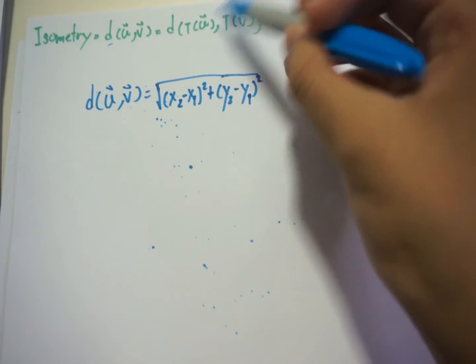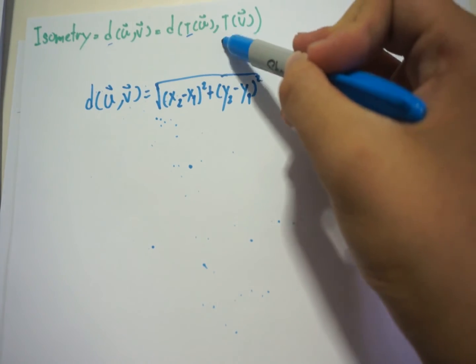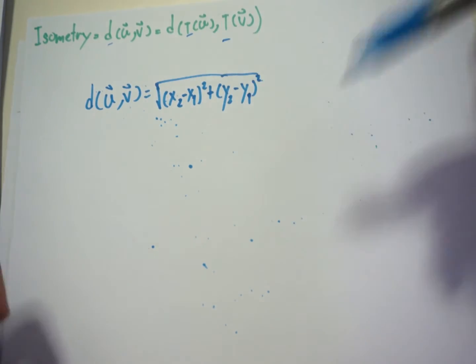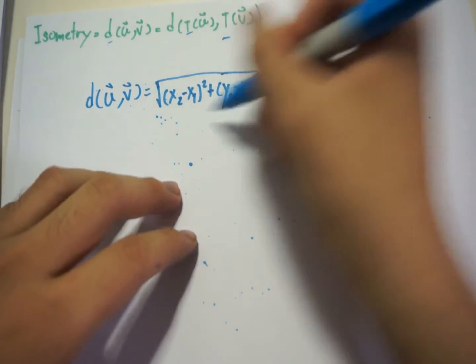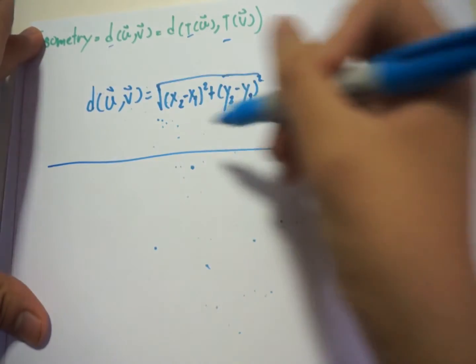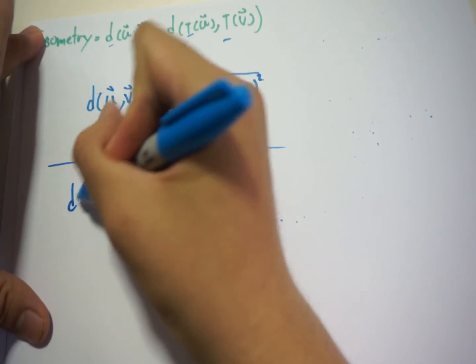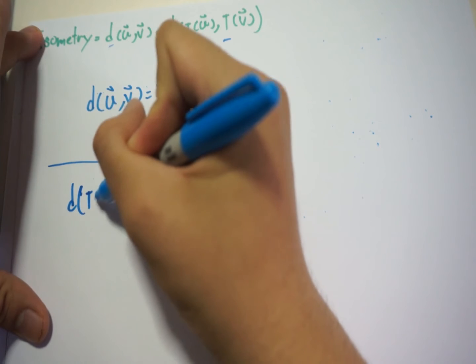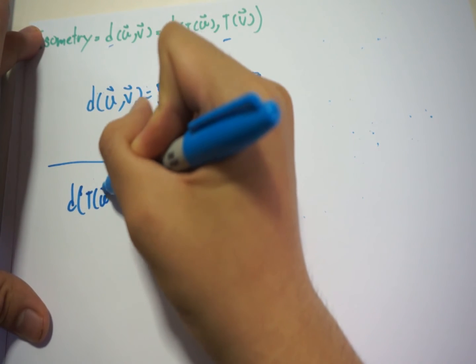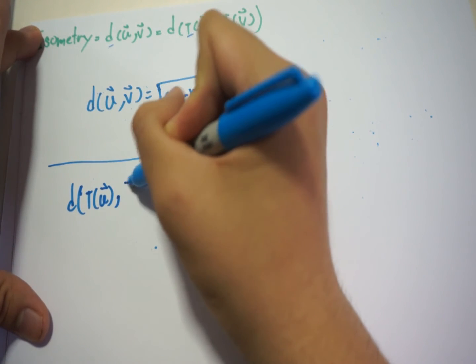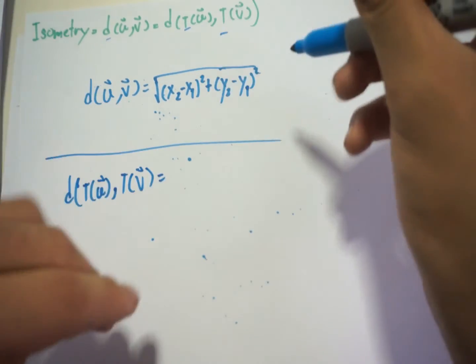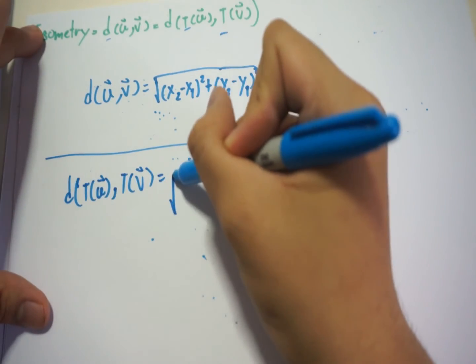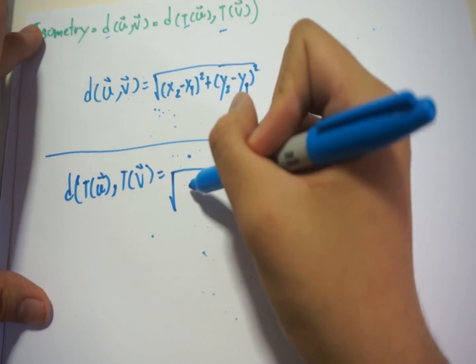We're going to place the t, which is the general form or transform form, inside this, so we can see whether it is equal or not. The t from u and then the t from v. Now we're going to turn them to transform form.